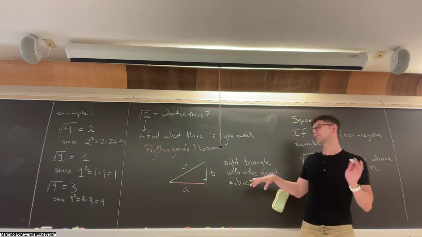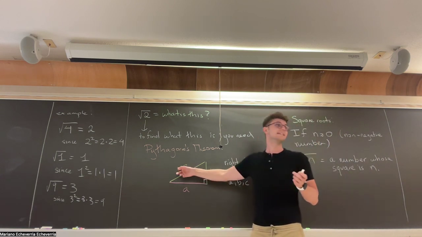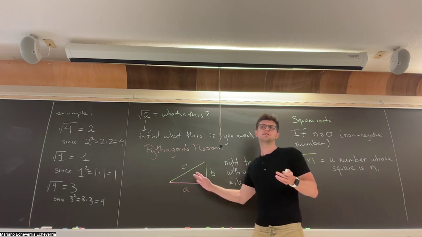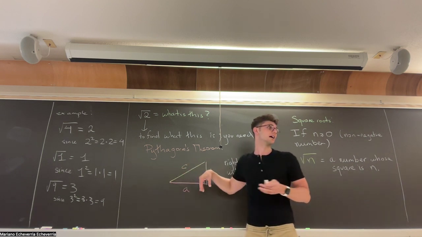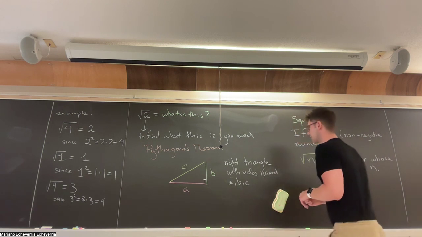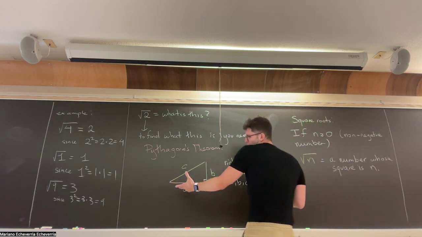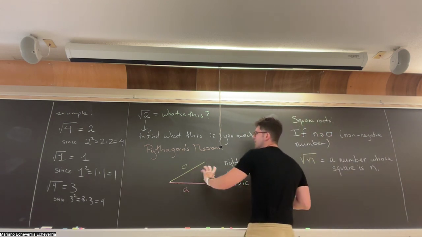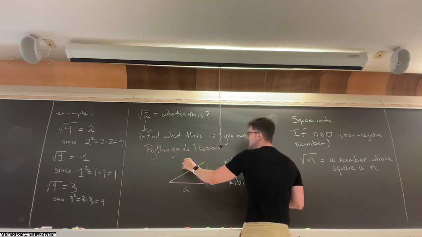The only one that really matters is that by C, I'm referring to what's called the hypotenuse. So the hypotenuse is just the side that's opposite to the 90-degree angle. So whether this one is called A or B doesn't really matter. But what I need to fix for now is that if I write C, I do mean it to be the hypotenuse.